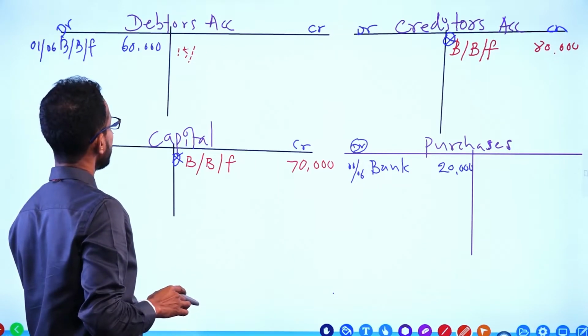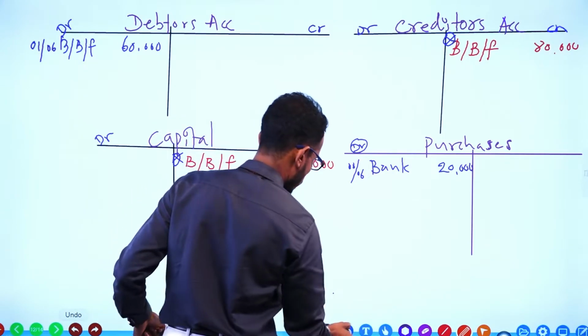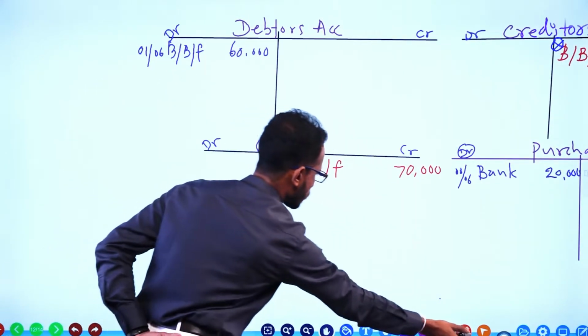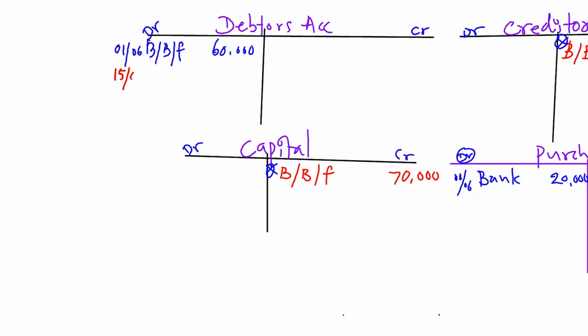All right, debit the debtor with that 12,000. Debit. 15th of the month, bank, mention the check number 68, 12,000.